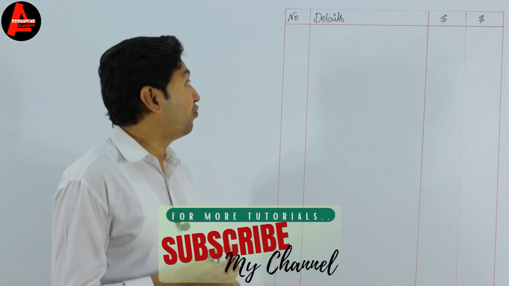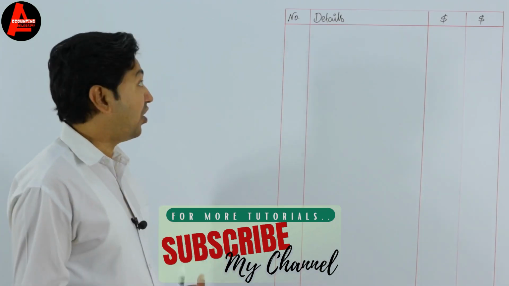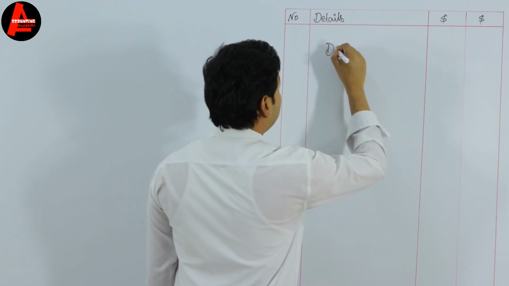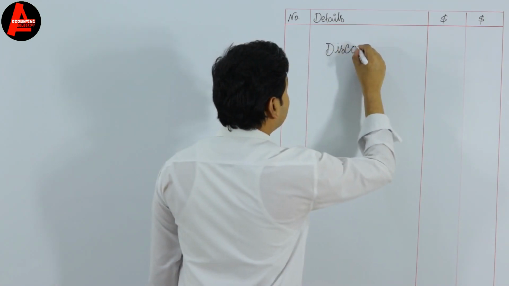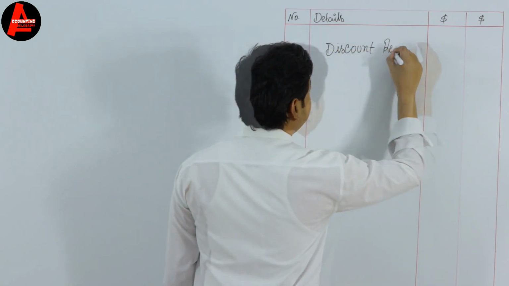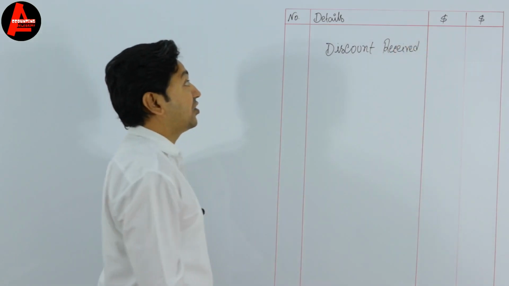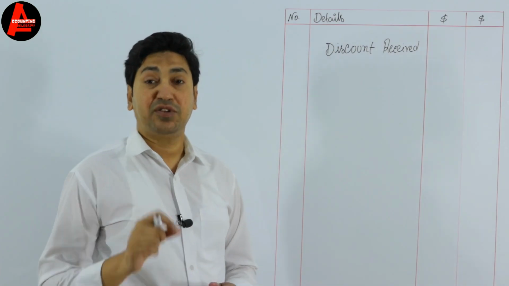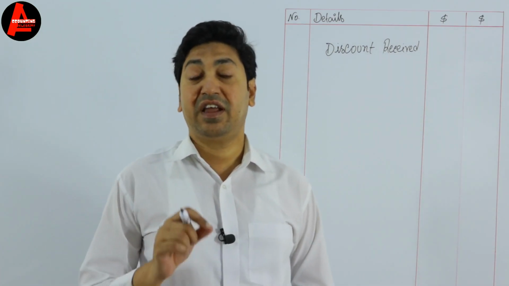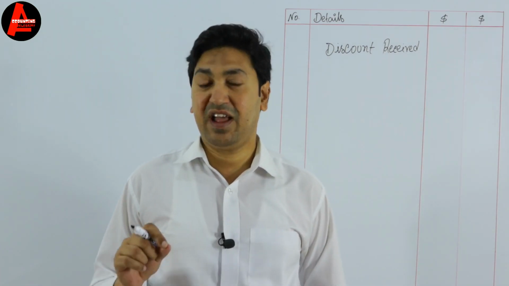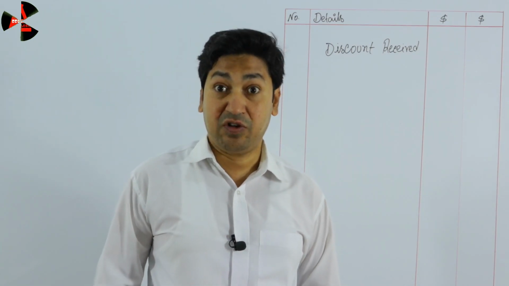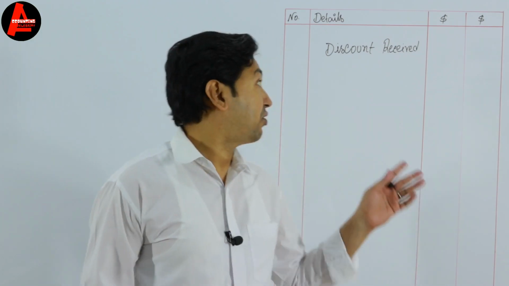So first of all, we will write discount received credit, okay? So let us write here discount received. Okay. So now come to the commission received account. Commission received account is a normal credit account, okay? As commission received is not recorded, it is replaced by discount received.